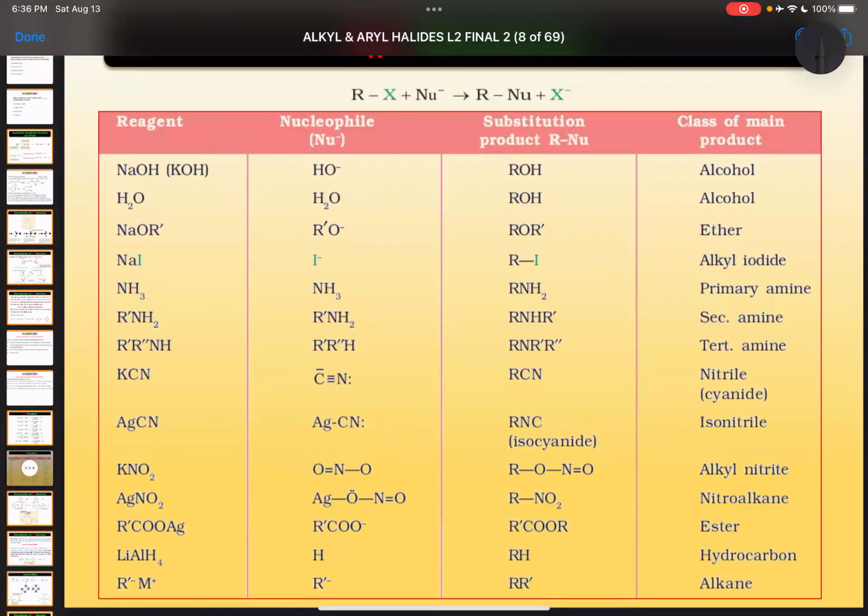This table is from NCERT, and it is telling you what the appropriate reagent should be on the substrate so that you get your desired product. You can look at the nucleophile: OH minus and H2O.